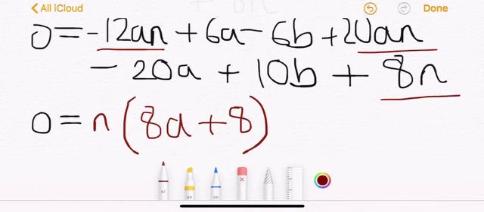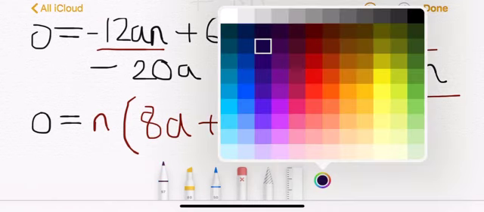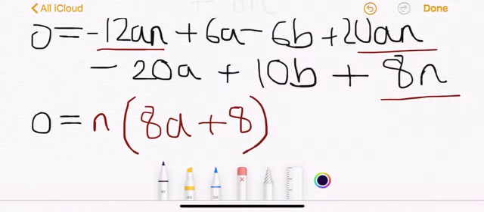And then what we've got left is all the other constant stuff, which is 6a minus 20a, so minus 14a, and then minus 6b plus 10b, which is plus 4b.